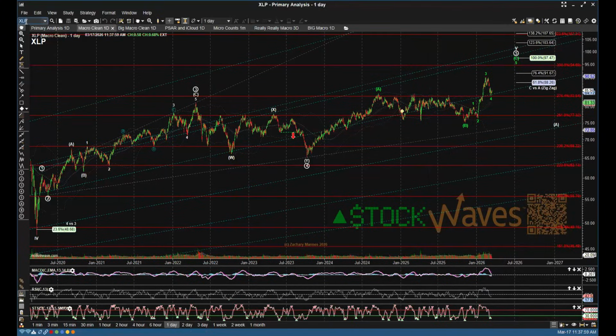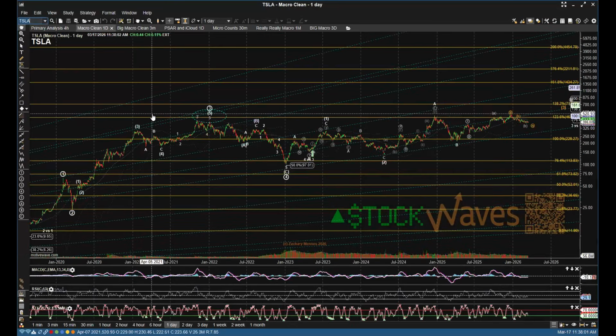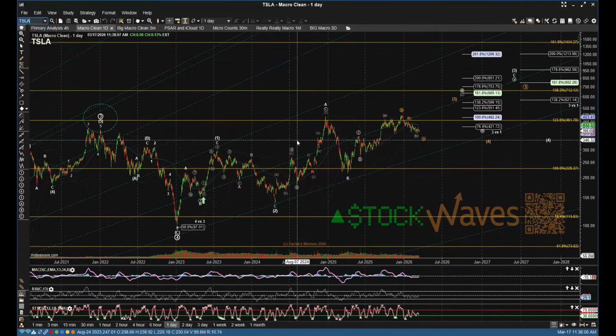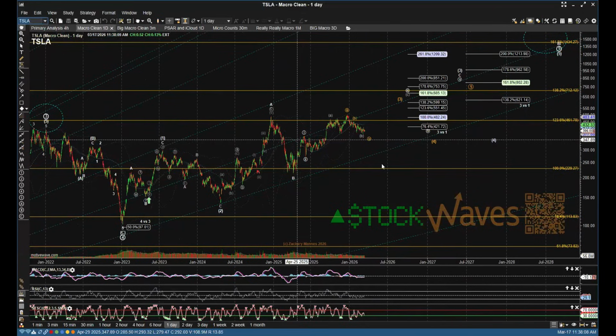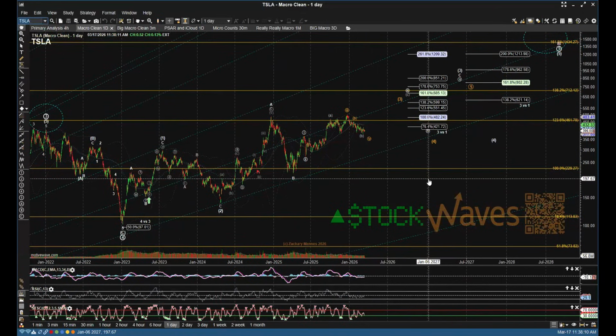So I wanted to take a look at a couple of the individual names. We'll start with a couple of the key holdings from XLY first. One of the top holdings there is Tesla. And Tesla is one of the charts that I am very, very bullish on.